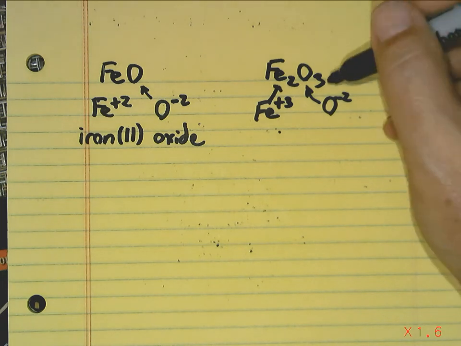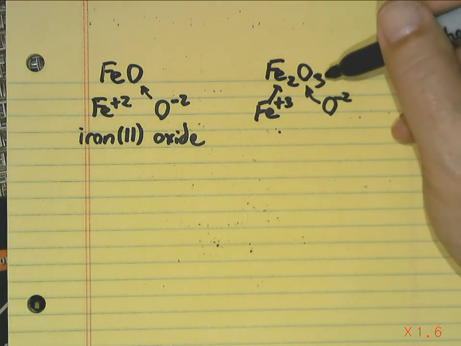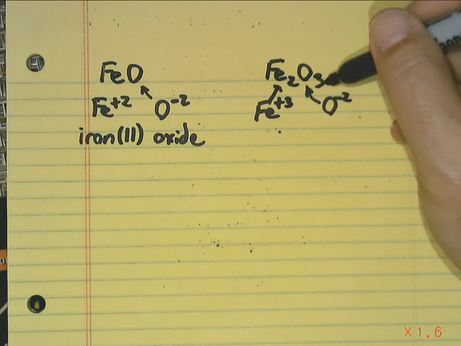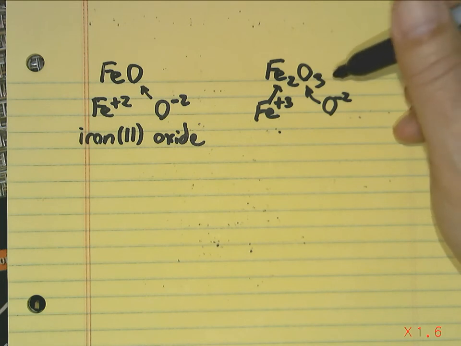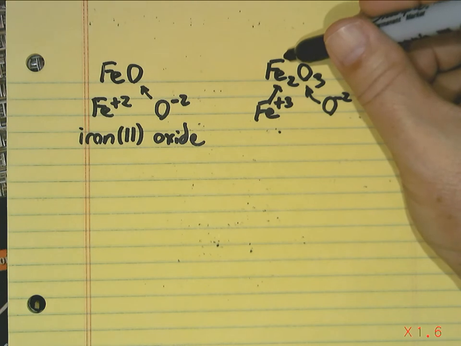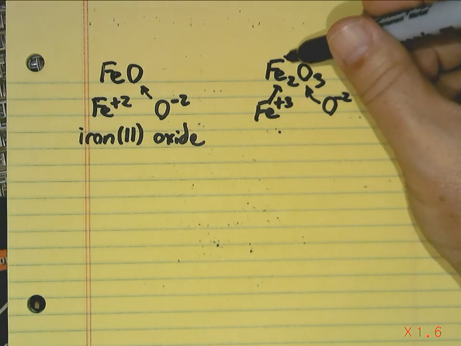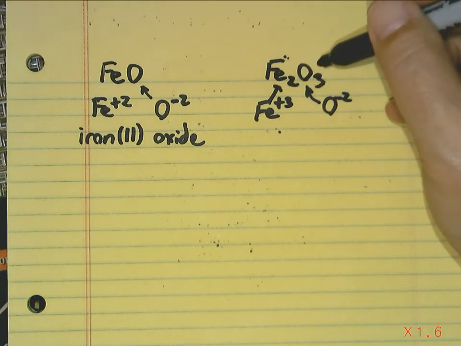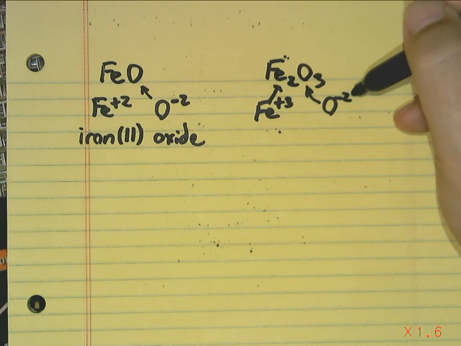Another way you can think of this is remember how we swapped the charges as subscripts? You can figure out the charges by swapping the subscripts as charges. So you can put the 3 with the iron. It's the metal, so it'll be a +3. You can put the 2 with the oxygen, and it's a nonmetal, so it'll be a -2.